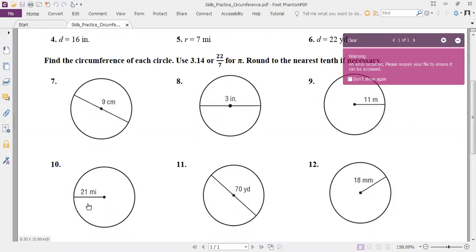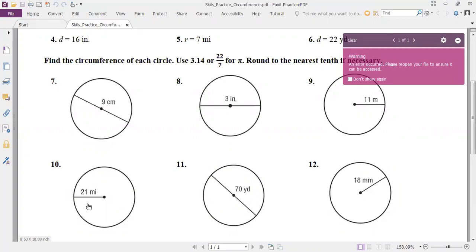Pi is equal to what? 3.14. Okay, and r here is equal to 21. Yazid, here maybe we will put pi as 22 over 7. It will be easy. So we will put 2 times the fraction 22 over 7. It will be easier. Okay, Yazid?